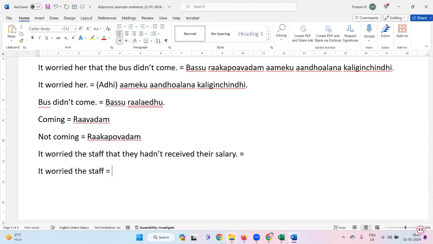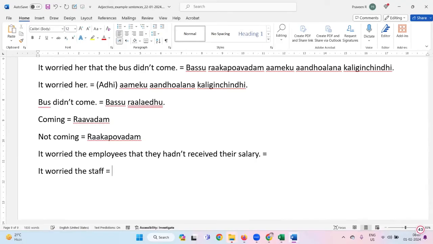Okay. So staff means ఉద్యోగులు అండి. Employees is also fine, but here we take staff to mean sibbandi actually. It worried the employees. We write employees. Employees means ఉద్యోగులు.